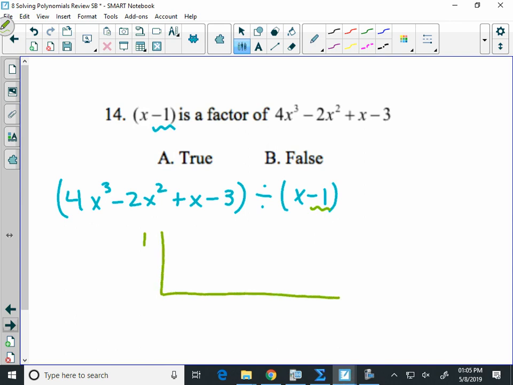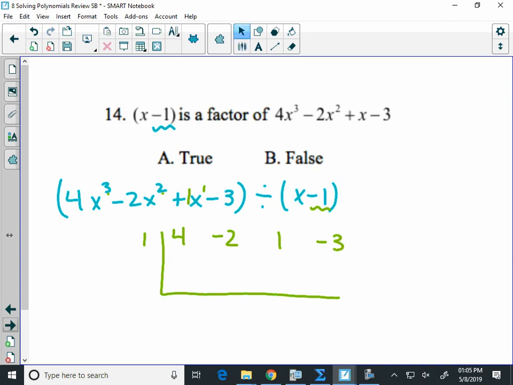And then you're going to write the coefficients of the number in the first parenthesis. Check your exponents. We went 3, 2, 1, nothing. We went in order. Okay, we didn't skip any powers. So we're going to go ahead and write those coefficients. So 4, then negative 2, the coefficient there is 1, and then negative 3. And then we're going to use synthetic division.